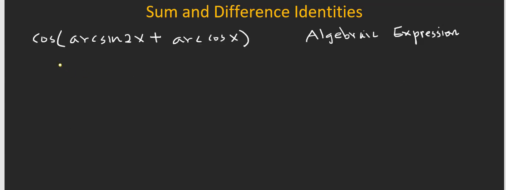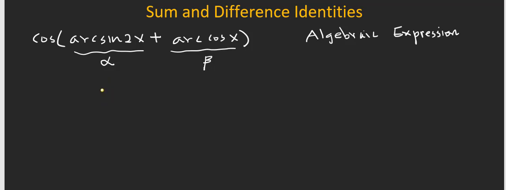So in this example, we have to rewrite this expression as an algebraic expression. Now, if you notice, this part right here becomes alpha, and that part right here becomes beta. Now, do you remember what arcsine and arccosine and arctangent represented?